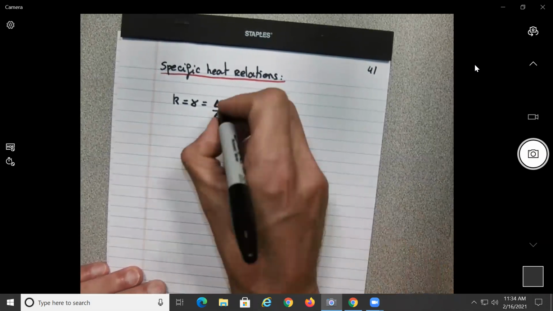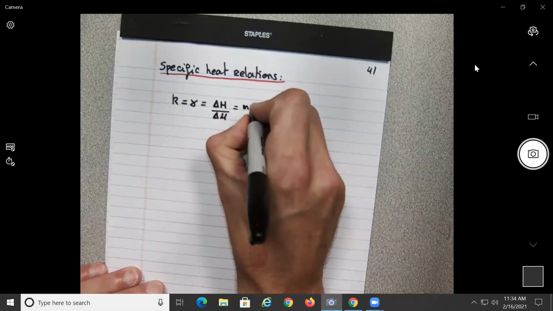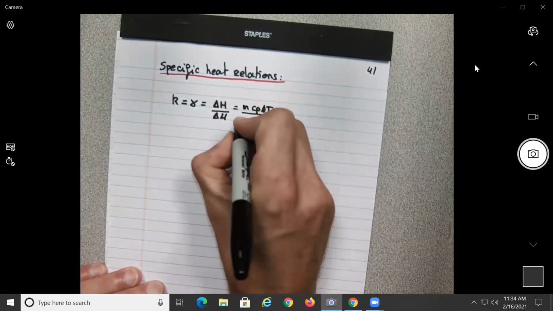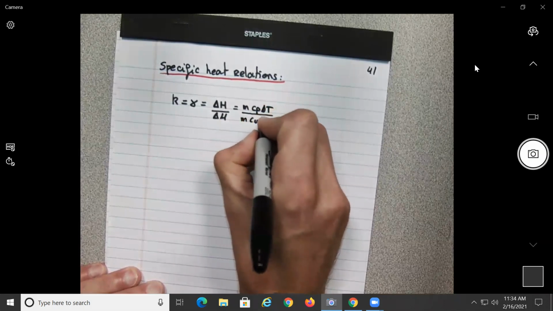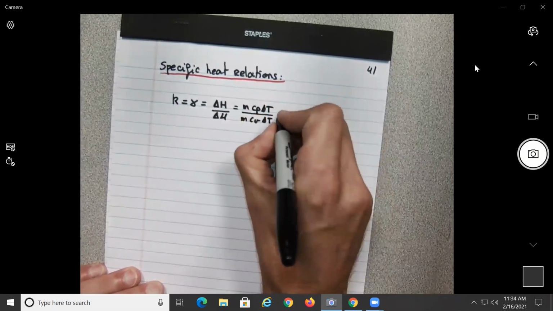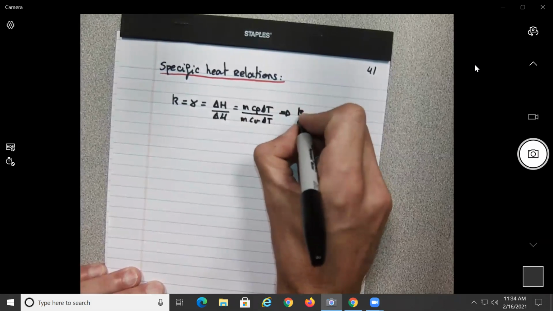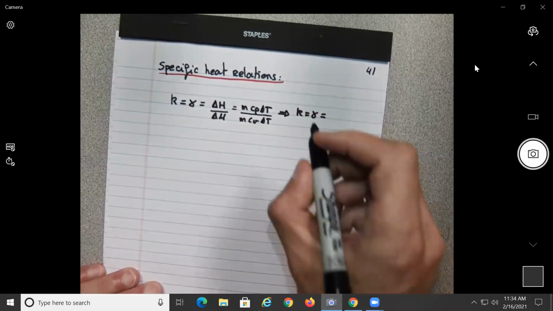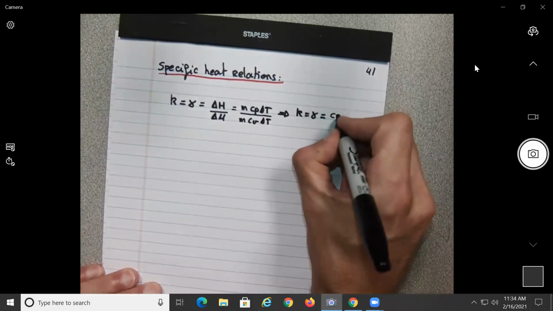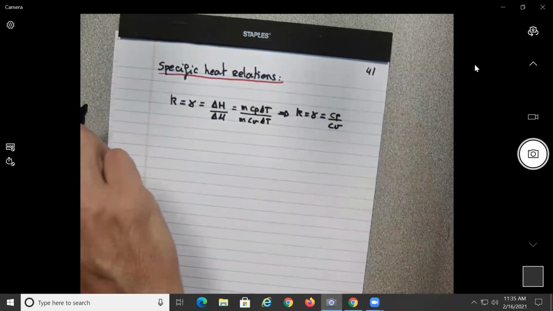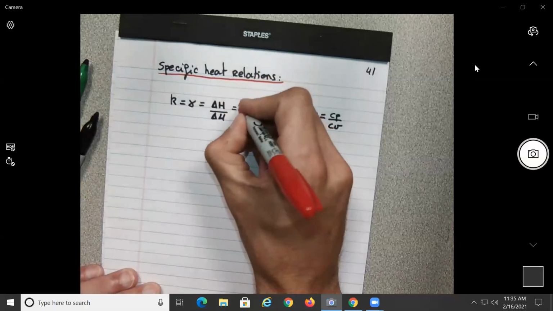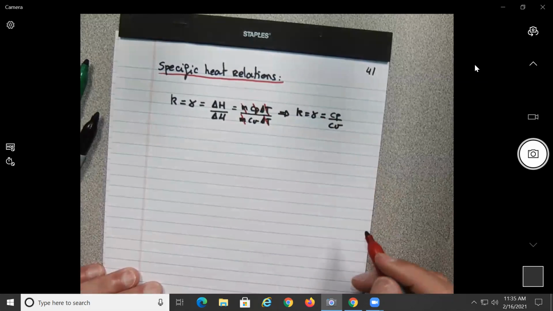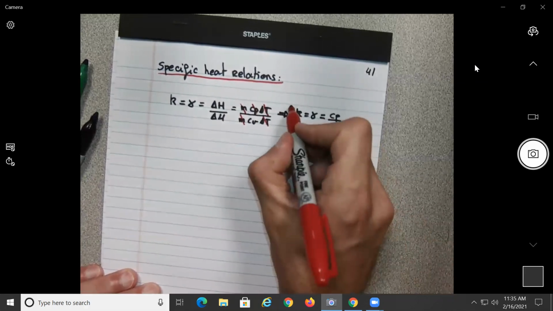So this should be equal to what? m Cp delta T divided by m C sub V delta T. So you see that this gives you right away that the gas constant really is equal to Cp over Cv. The m and delta T cancel, it's easy to see.